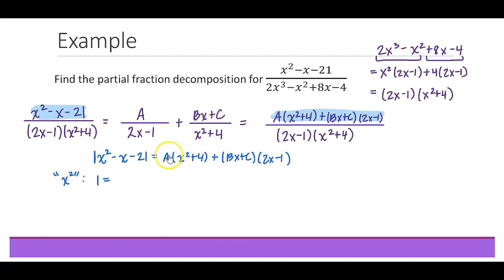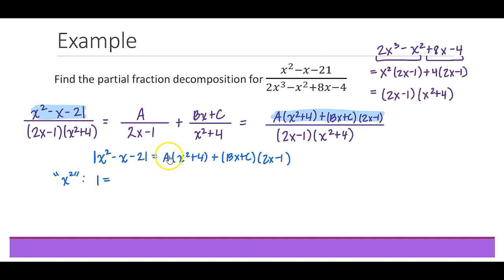Now, best case scenario is that we can do this mentally, as we did on the previous one, but if you have to, you can multiply it out to really see all the stuff that's in front of x squared. So let's try to do it first without multiplying it all out, but then I will multiply it all out.